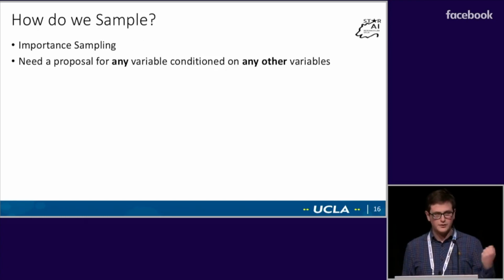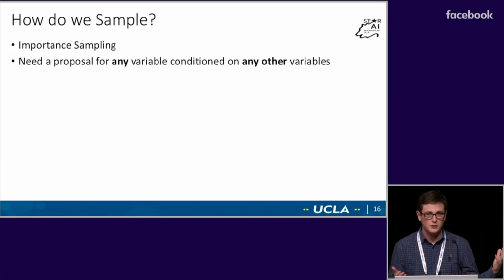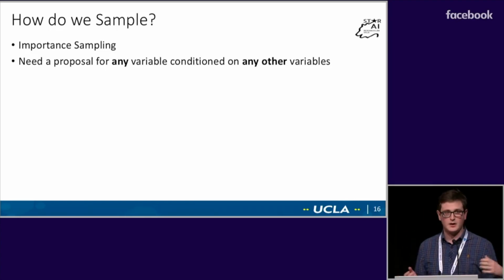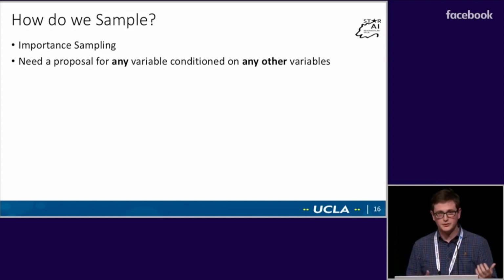So typically what we do is something called importance sampling, where we sample from a different distribution, call it the proposal. And then afterwards, we correct for that to make sure that our estimate is still unbiased. And here the key is that the proposal needs to be fairly similar to the true distribution.